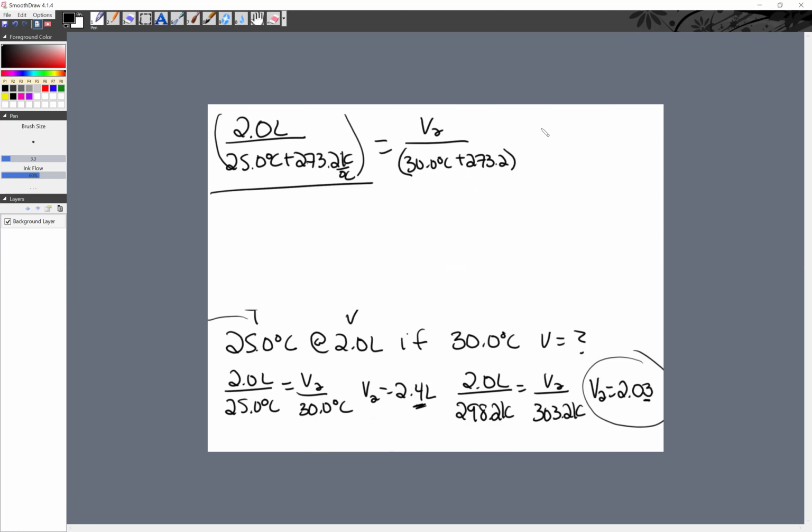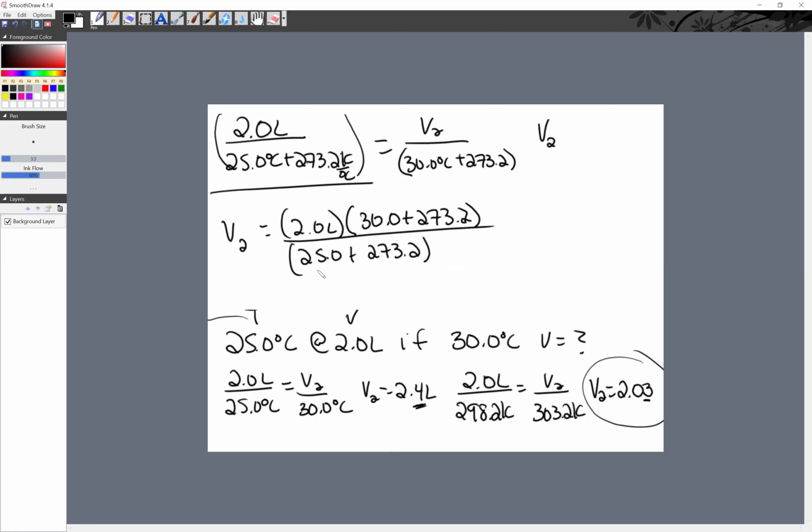And so V2 equals 2.0 times 30 plus 273.2, all over 25 plus 273.2. The question is, do those just cancel out?